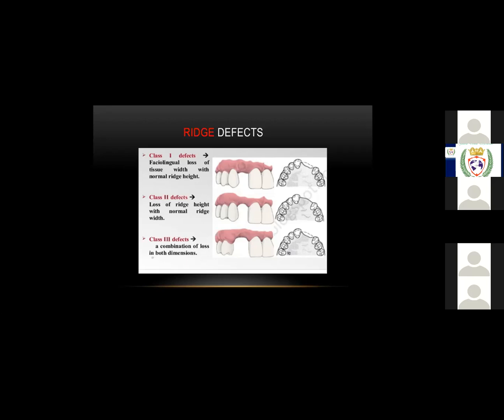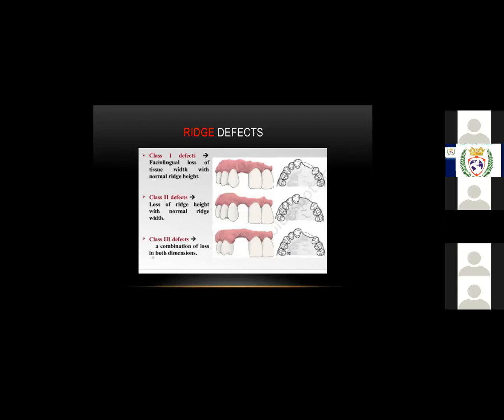Class 1 defects are generally facial-lingual loss of tissue with normal ridge height. Most of the cases we get are either class 1 or class 2. In class 1 there is a good amount of height, but width will not be there. Class 2 is where we have a loss of height of the ridge but width is maintained, whereas in class 3 there is a combination, loss of width and height both.